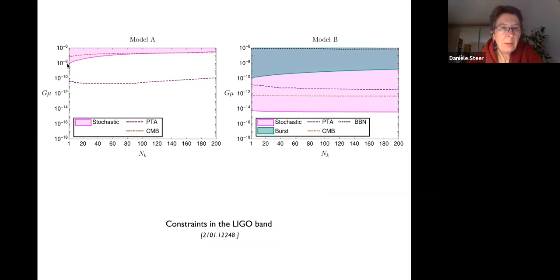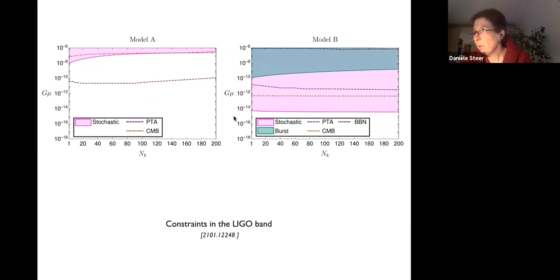So the constraint for Model A is that G mu has to be less than of order 10 to the minus 8. And for Model B, the constraint is that G mu has to be less than something of the order of a few times 10 to the minus 14.